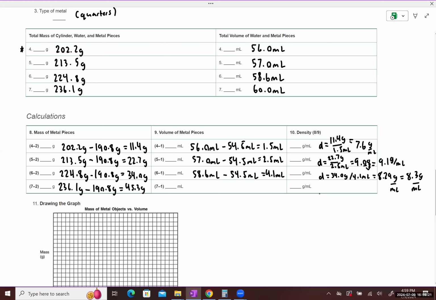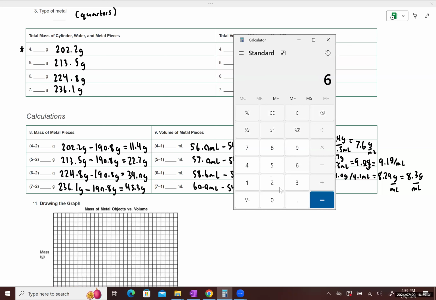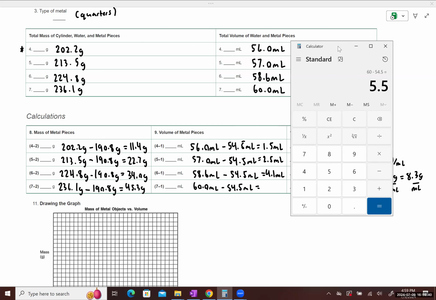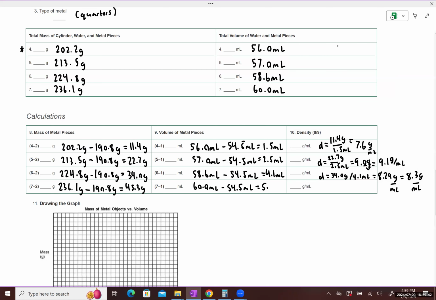To calculate the volume, we have 60.0 milliliters. We subtract out the volume of water, and that in turn gives us the volume of the metal pieces. So we have 60.0 minus 54.5, and that gives us a volume of 5.5 milliliters.